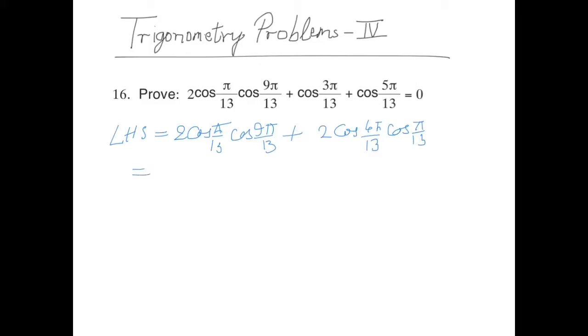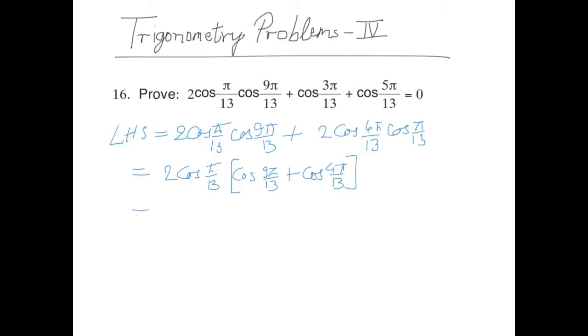And let's take 2 cos pi by 13 as common. And we have in the brackets cos 9 pi by 13 plus cos 4 pi by 13.